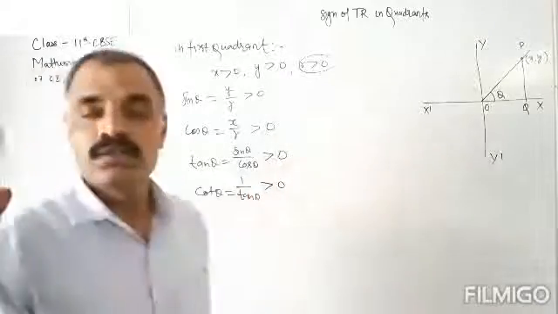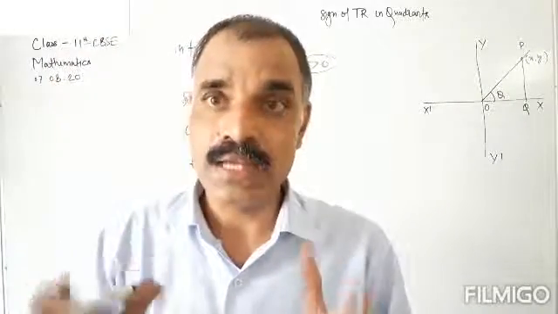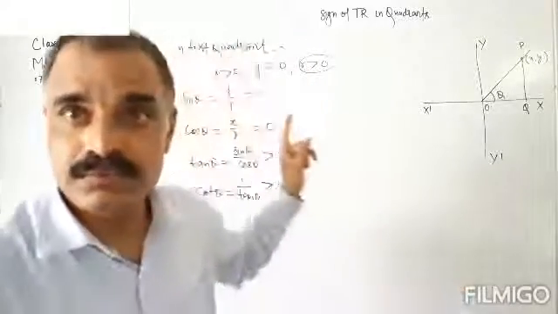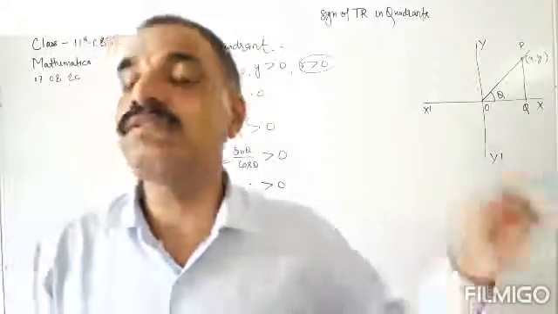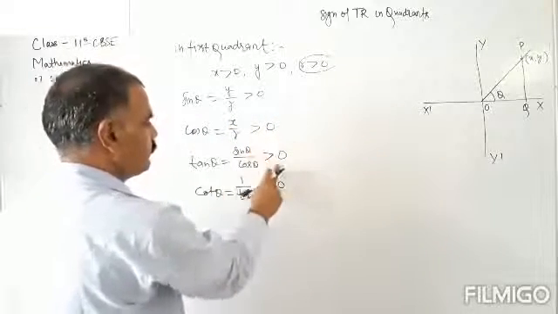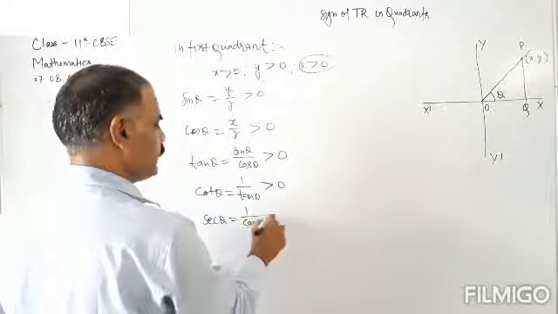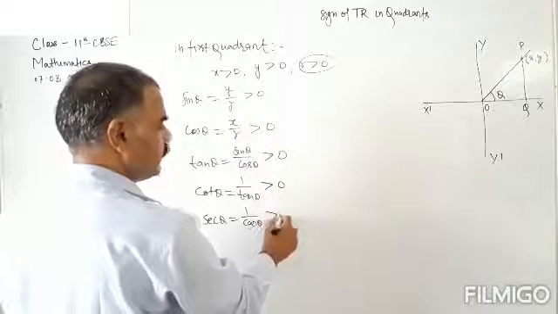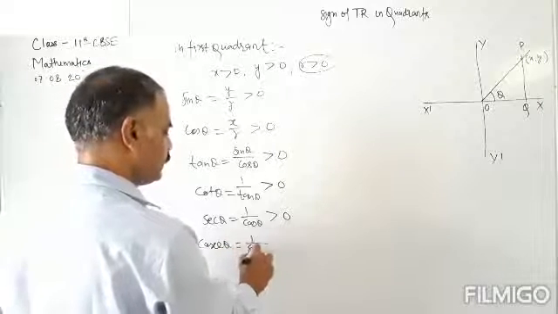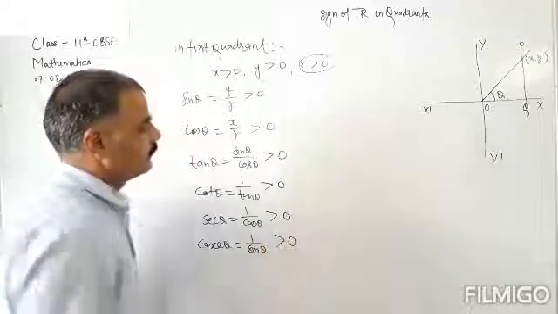So in first quadrant: sin positive, cos positive, tan positive, cot positive, and sec theta is the reciprocal of cos theta, which is greater than 0, so sec theta is greater than 0, and cosec theta is the reciprocal of sin theta, also greater than 0.